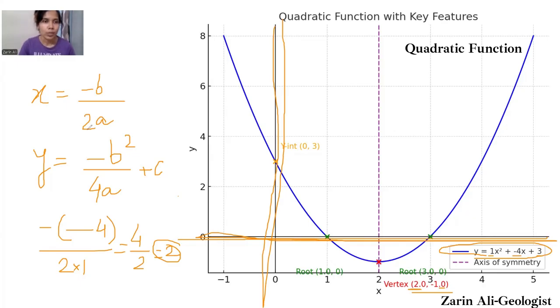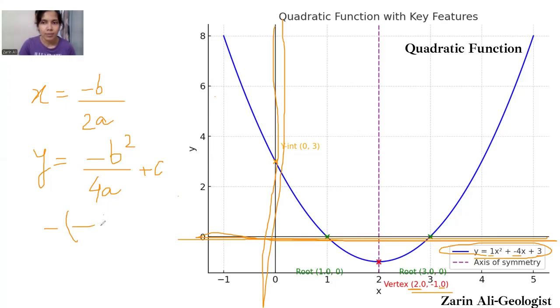Okay, so to calculate the value of y, I have here minus of b is minus 4. Okay, small error. Minus of b square.